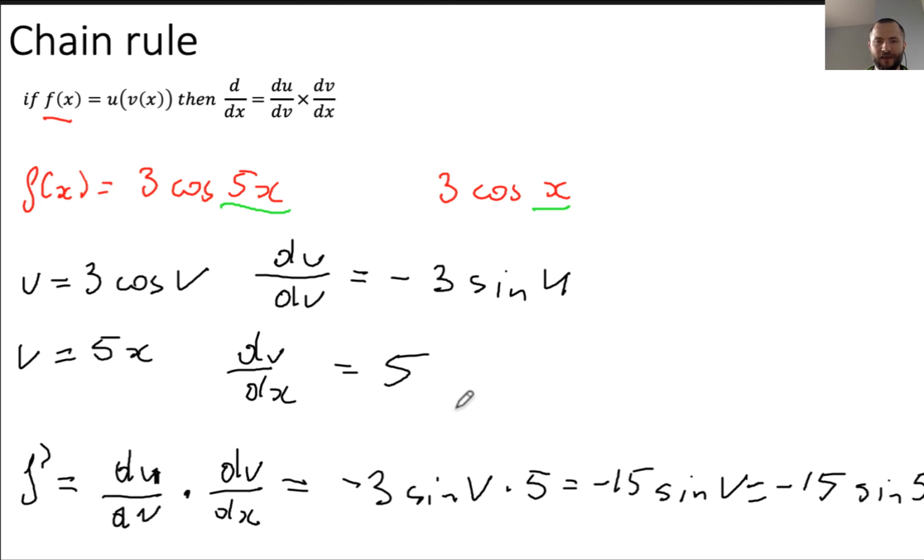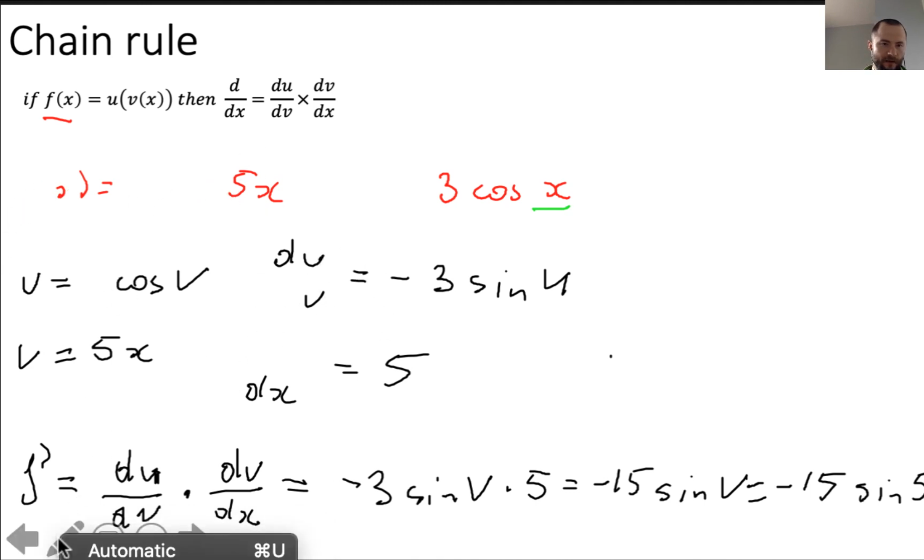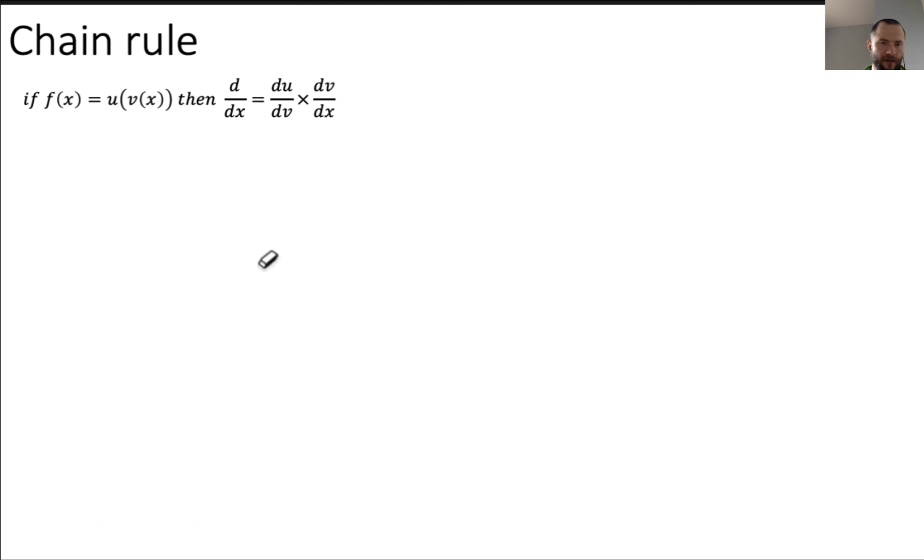So hopefully that makes sense for you. So let's take a look at another example. Let me just erase this all. Okay. So let's take a look at another function. Let's say that my function is equal to 3 ln of 5x squared plus 2.